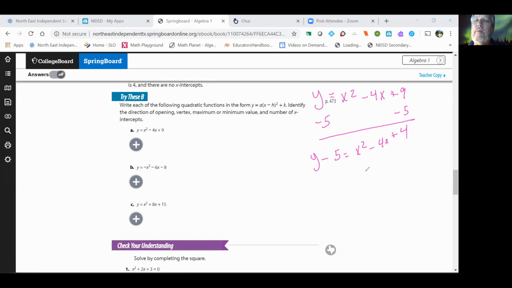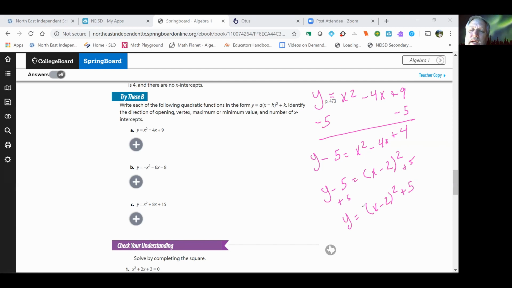This perfect square trinomial becomes x minus 2 squared. And so it's going to be y minus 5 equals x minus 2 squared. And then we'll go ahead and add 5 to both sides. So we get y is equal to x minus 2 squared plus 5. Now we can analyze the information we have here.